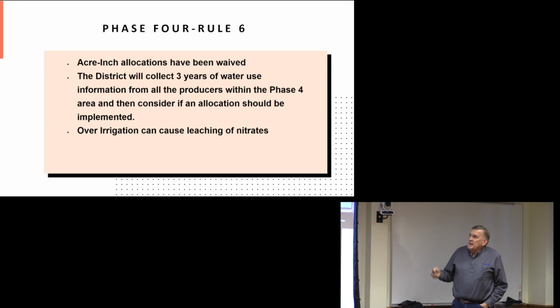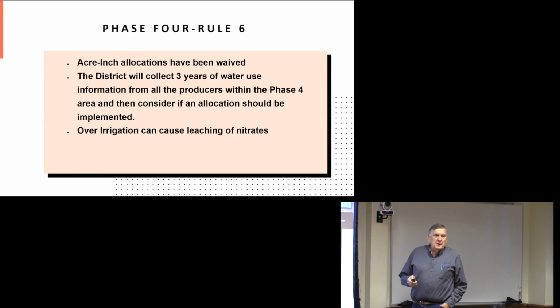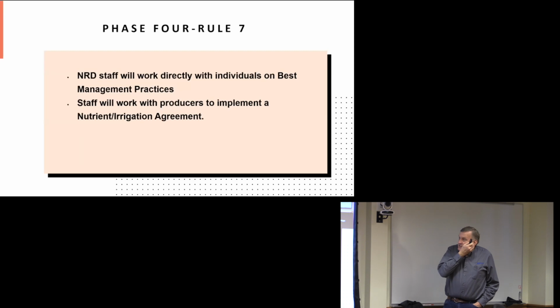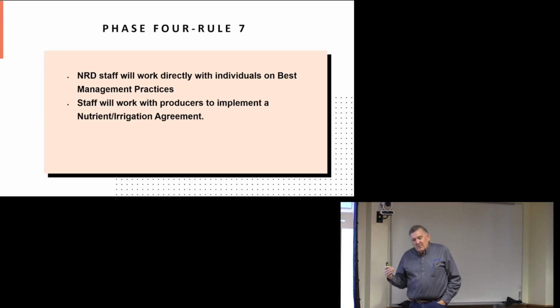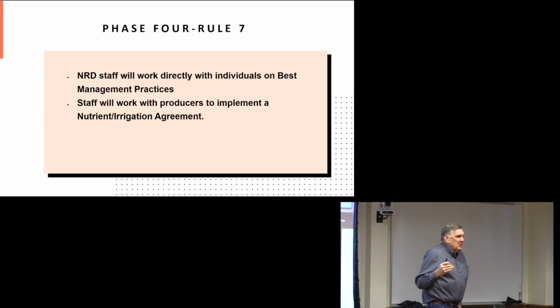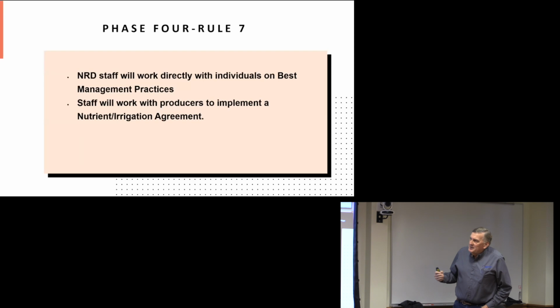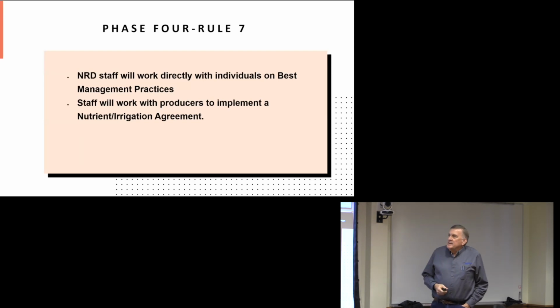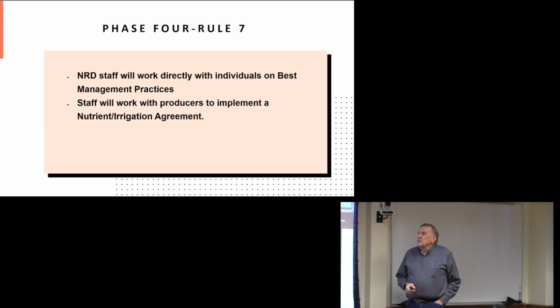So this is all new to the people up there compared to phase 3. Rule 7 is that we're going to try to meet with every farmer one-on-one. That's probably going to be our biggest challenge, because there are 80 producers up there. I went out and met with one producer. He had 6 fields, and it took me half a day.